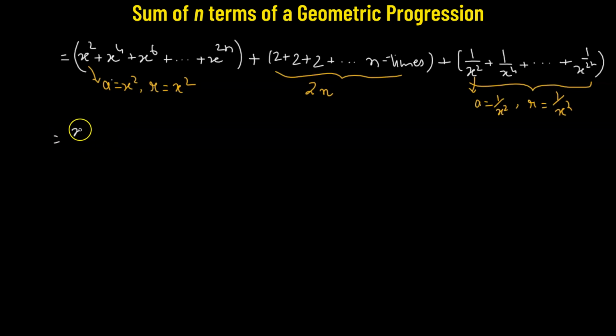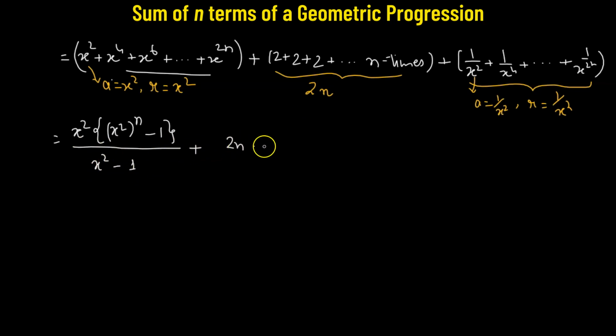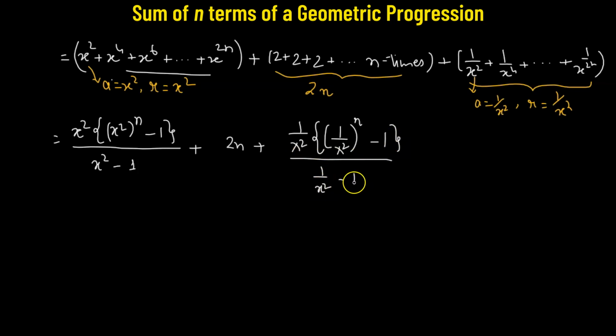So here we will have x squared multiplied by the common ratio x squared raised to the power of n minus 1 (since we have a total of n terms), whole divided by the common ratio x squared minus 1, plus the second term, which is 2n, plus coming to the third term, the sum will be given by the first term 1 over x squared multiplied by the common ratio 1 over x squared raised to the power of n minus 1, whole divided by the common ratio 1 over x squared minus 1.